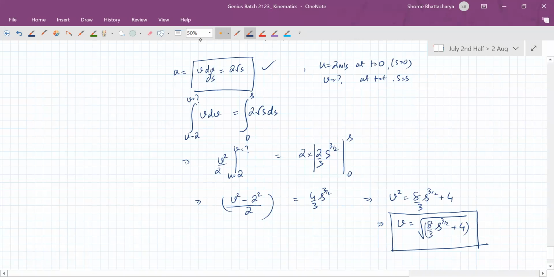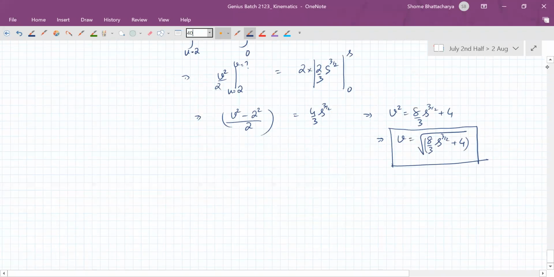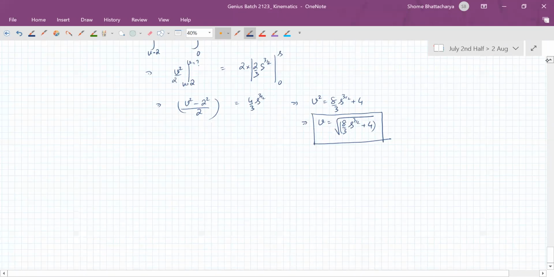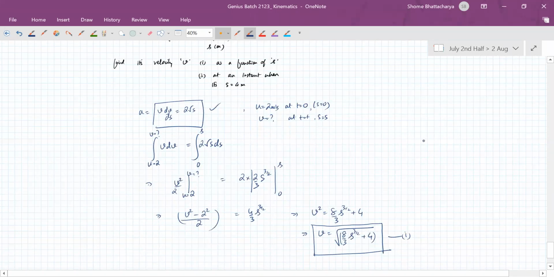So this is the answer to the first part. This is the velocity as a function of time, as a function of displacement. And the second part, you just have to substitute this. So v at s equal to 4 meters, just substitute s's value as 4. Okay, so you'll get again a square root number, but you'll get a value.